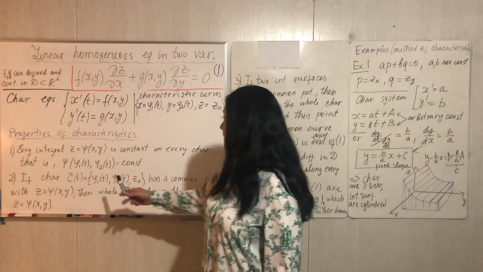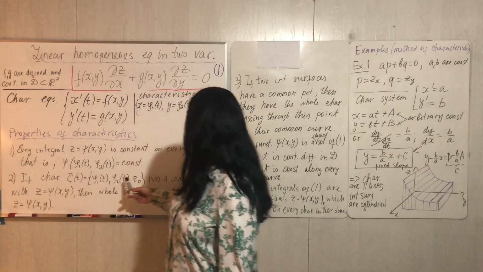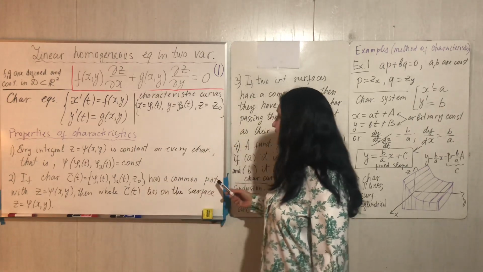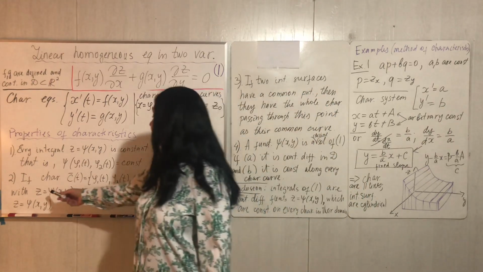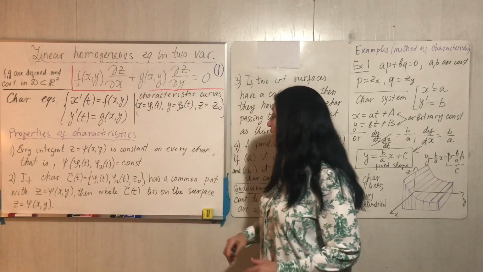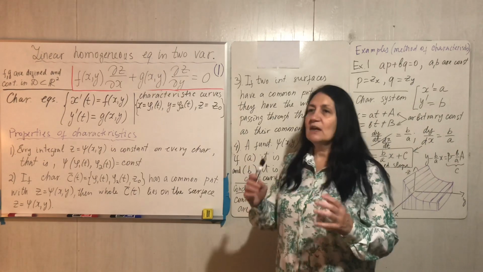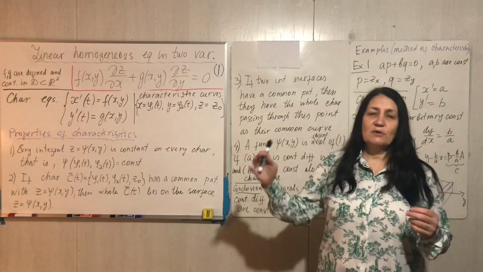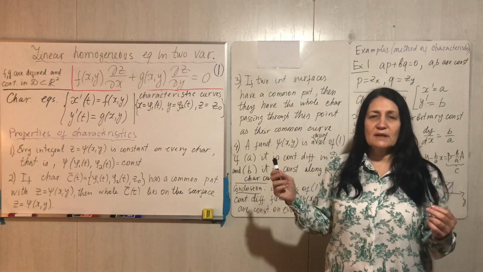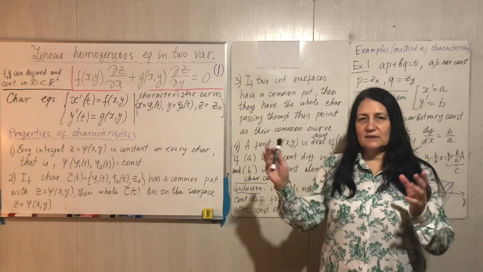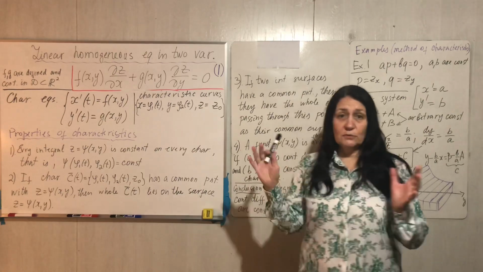Then, if we have a characteristic, and this characteristic has a common point with our integral surface, then the whole characteristic lies in the surface. So if a characteristic and a surface have one common point, then all points of this characteristic belong to the surface.